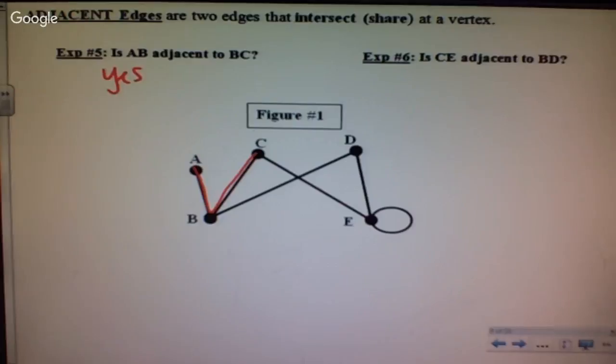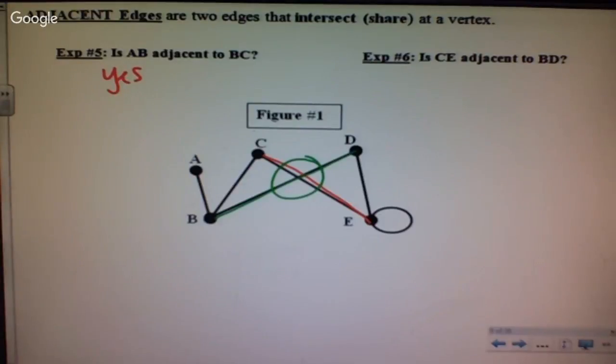No. CE is a completely different line. So, CE is here and BD is here. They do not share a point in common. I understand that, yes, they cross here, but that is not a vertex. So you cannot count that. They have to have it in common.